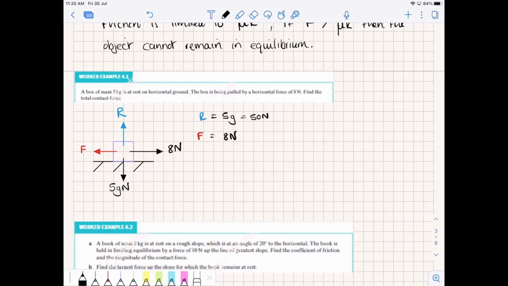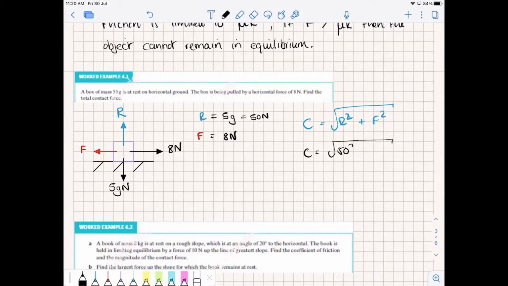The total contact force is just the resultant force of these two forces. Because they act at perpendicular angles, we can just use some Pythagoras. So if we remember the formula, the total contact force is equal to the square root of the normal contact force squared plus the friction force squared. That's just from Pythagoras. And this is just a simple process of putting in the numbers.